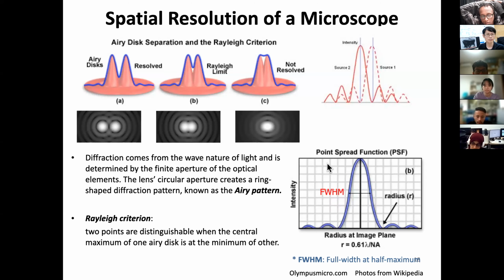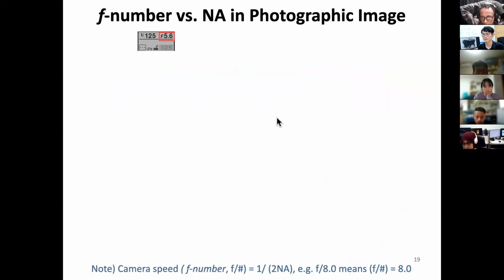So in practice, you will just take the background level and the top, and half. So the full width at half maximum is what you report in your paper as your resolution. Why? Because it's very hard to find the lowest minimum because of the background noise.